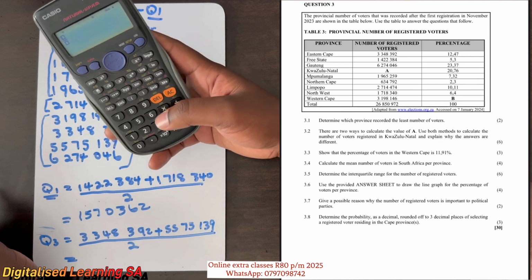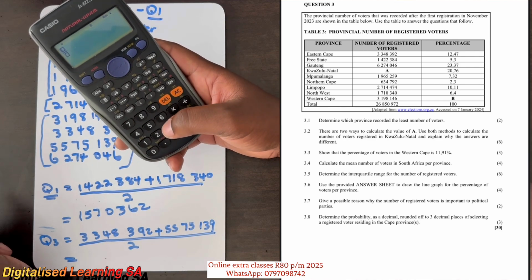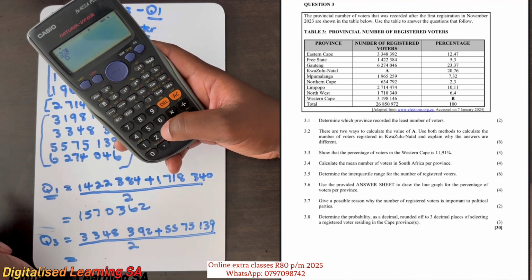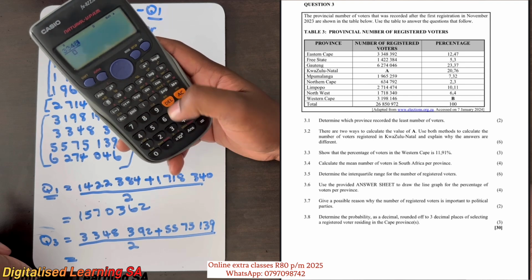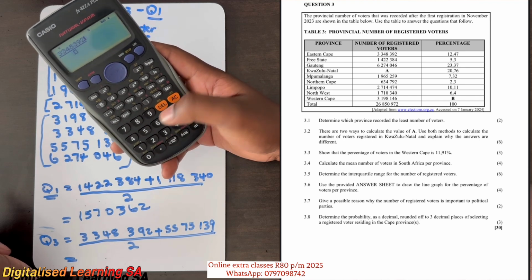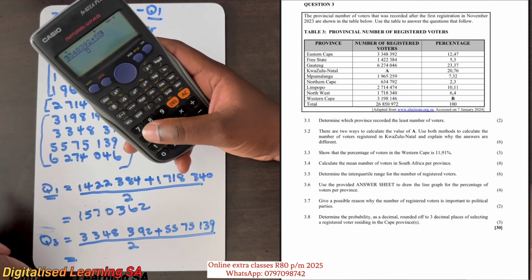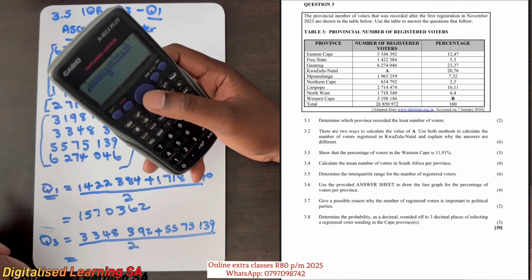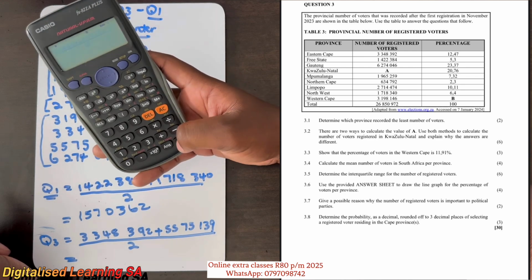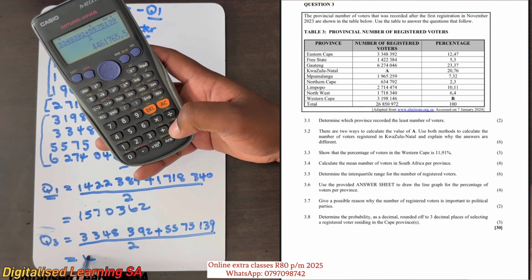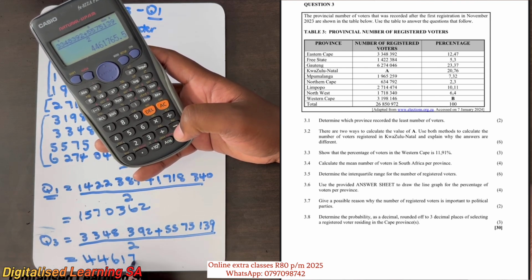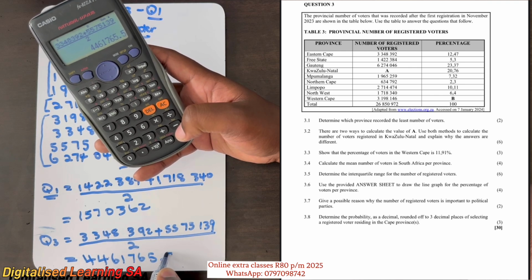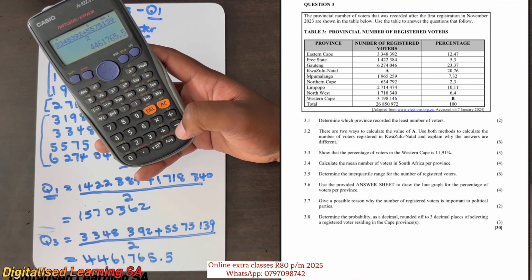We do the same: we add the 2 and divide by 2. So it's 3348392 plus 5575139 divided by 2, and our answer will be 4461765.5.